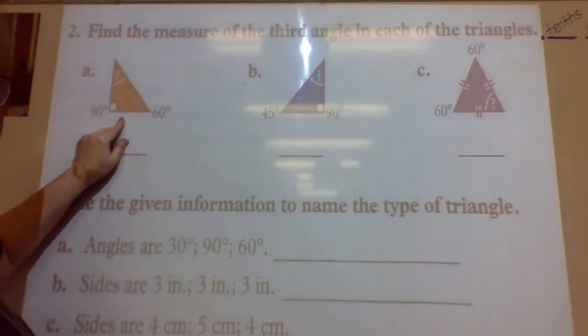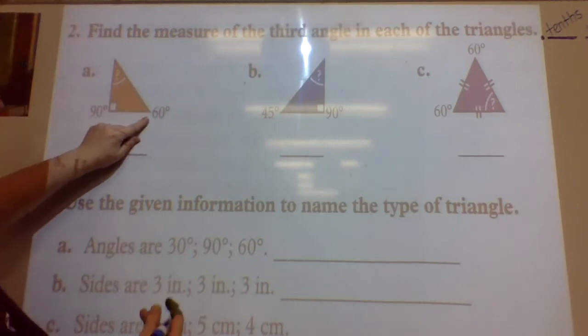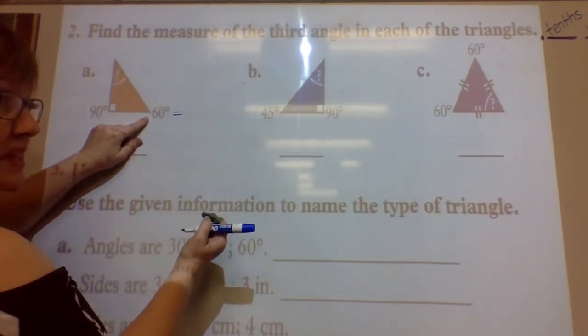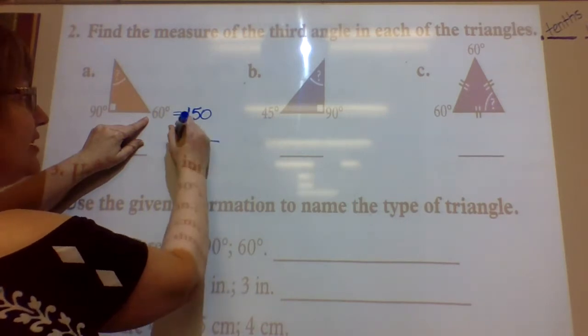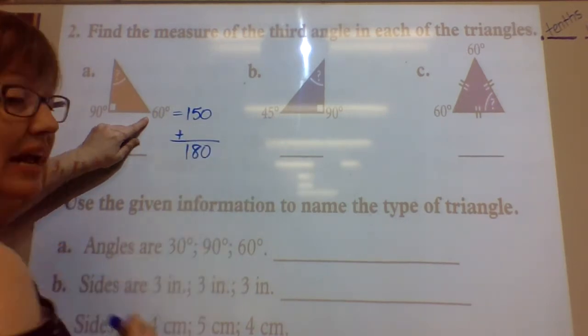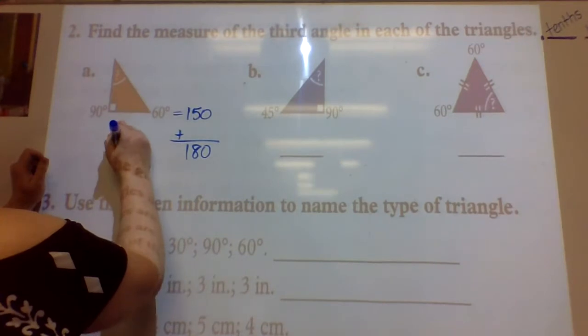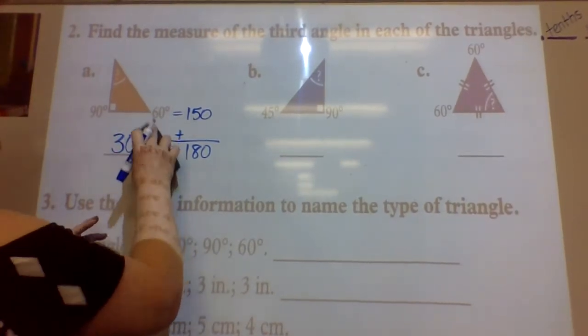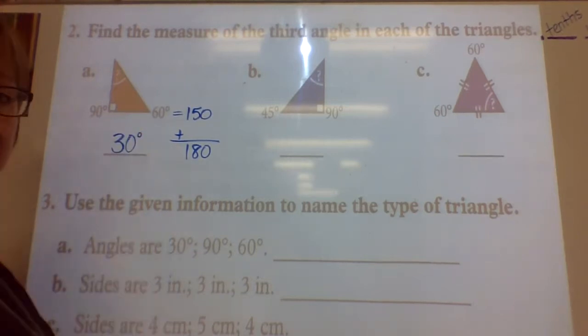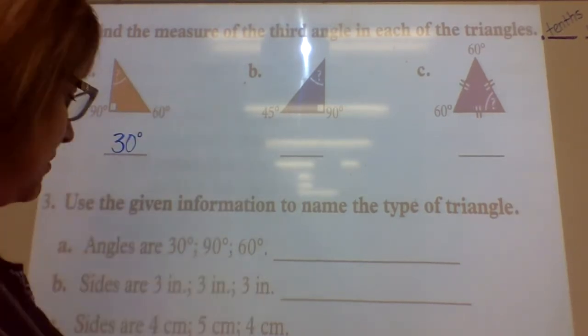So we've got these two numbers, 90 and 60, equals what? If you add them together, that equals 150. So what do you need to add to 150 to come out to 180? 30. So this one is 30 degrees. And you use a little degree sign just like temperature, but they obviously don't mean the same thing, do they? It has nothing to do with temperature.